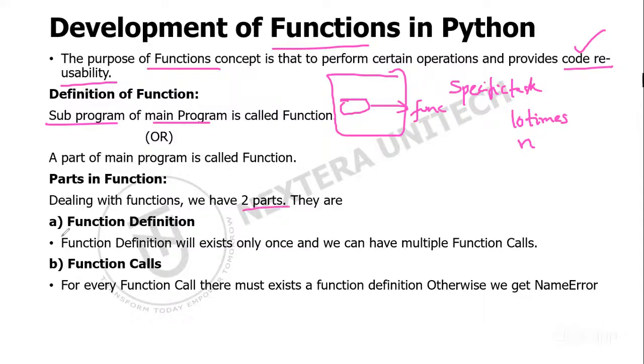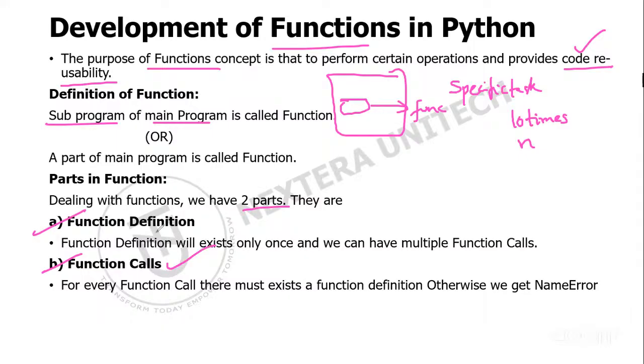What are they? Function definition, function call. Function definition is nothing but we'll define the function, and once after defining the function, we'll call the function whenever I want to use it. When I want to reuse it, I can call it.